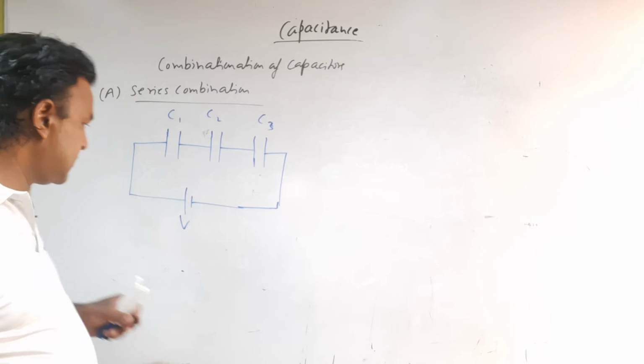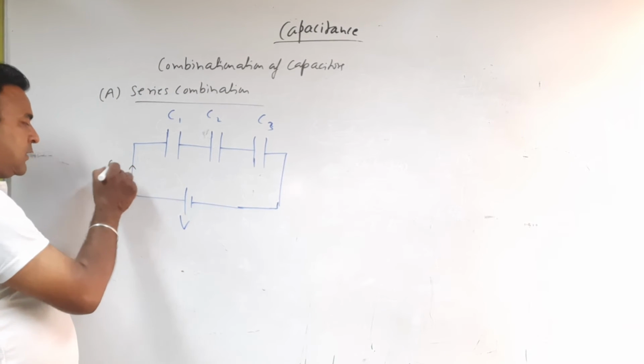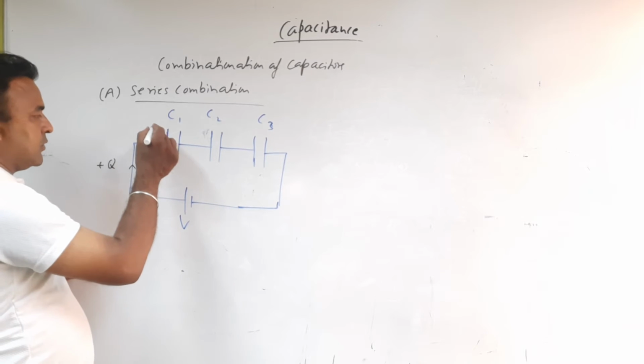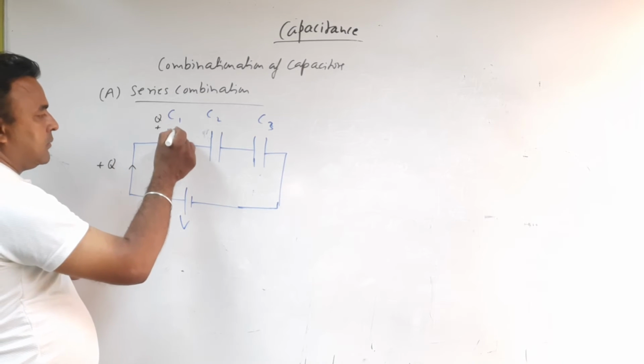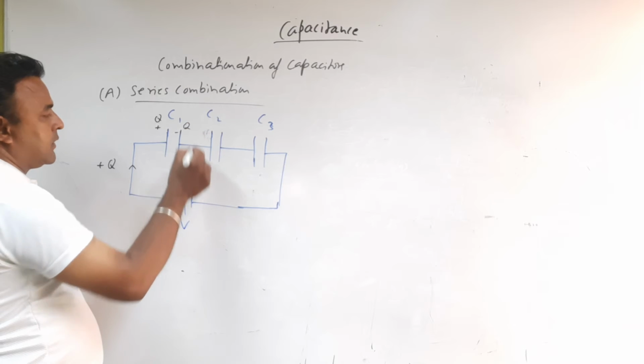Now what will happen? Suppose a plus Q charge goes here, then minus Q will appear here.